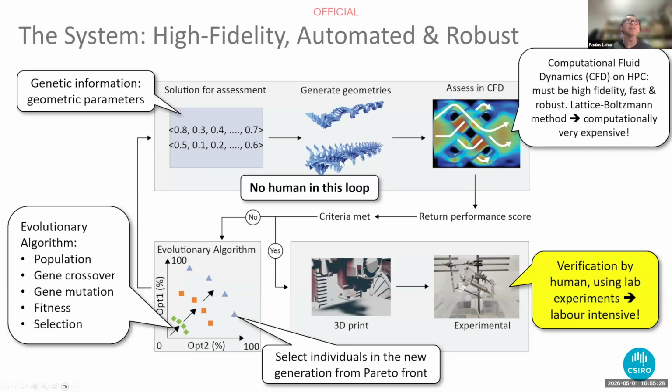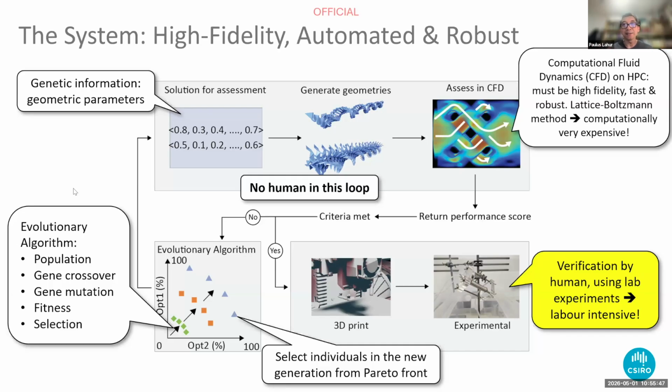And on the lower left, we have the actual evolutionary algorithm, which means we deal with a population consisting of a number of individuals. Each individual has its own shape.